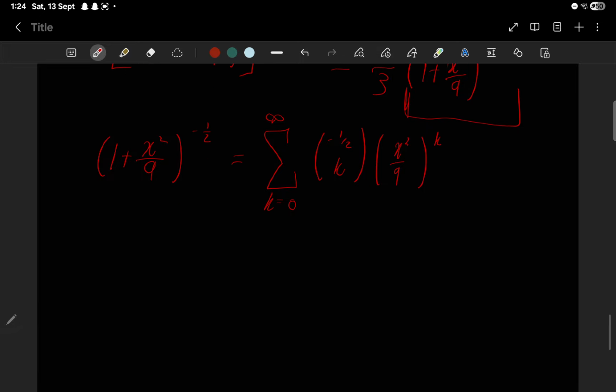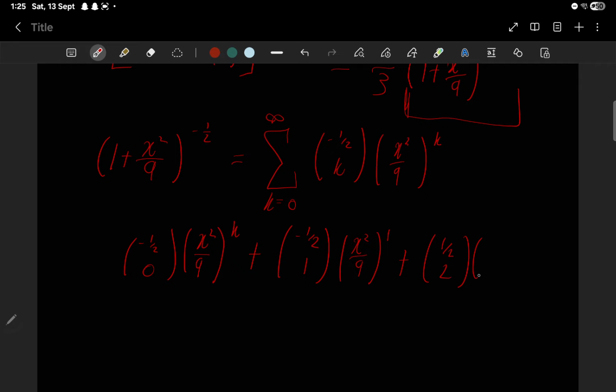Okay, we're going to expand only the first two terms, because the next will give me x to the power of 4. So, negative 1 over 2 choose k, which is 0 in our case, start off from 0, times x squared over 9 to the power of k, plus negative 1 over 2 choose 1 times x squared over 9, plus negative 1 over 2 choose 2 times (x squared over 9) squared.